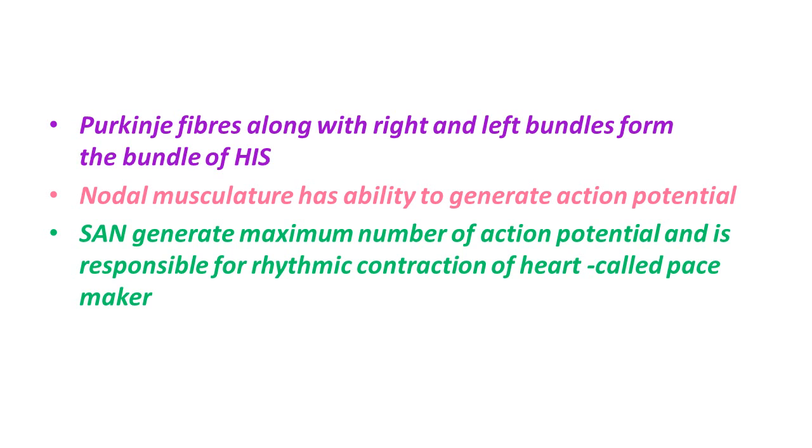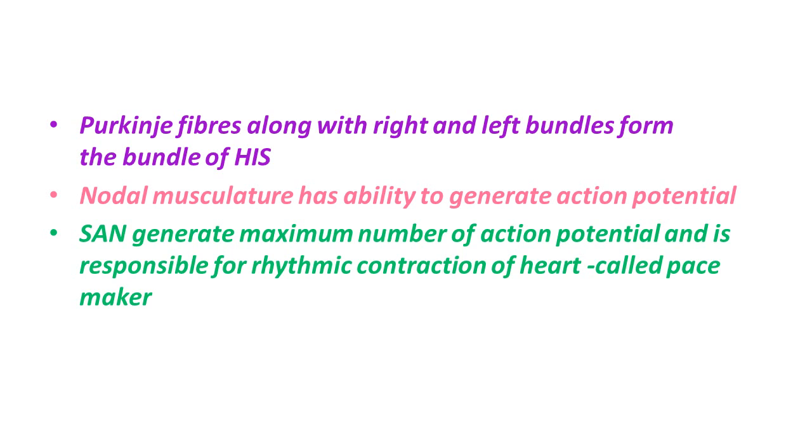Our heart normally beats 70 to 75 times in a minute. So on average we can say 72 beats per minute. In a normal healthy person, the heart beats 70 to 75 times in a minute, and the average is 72 beats per minute.